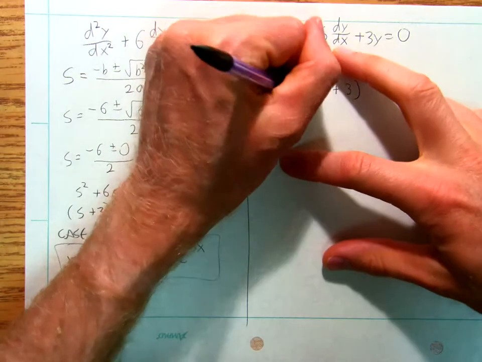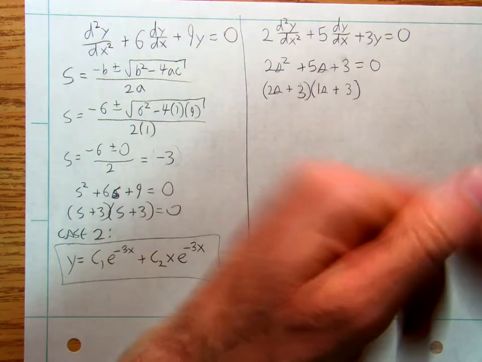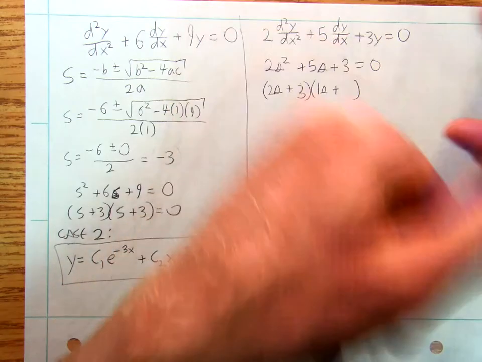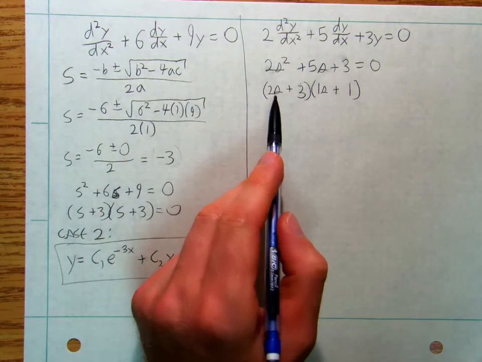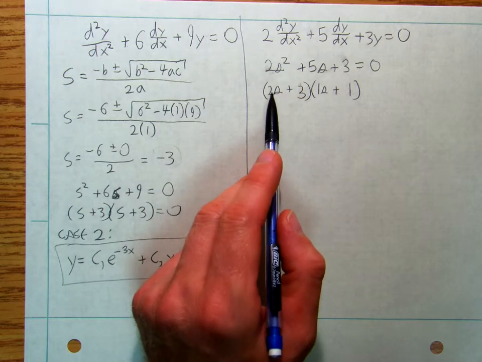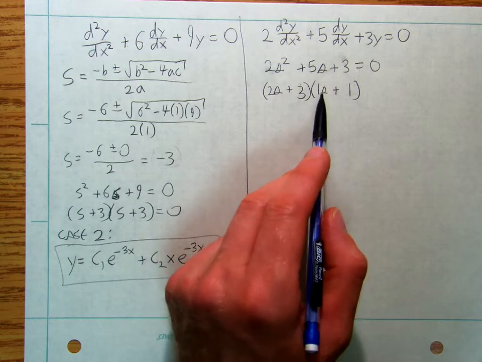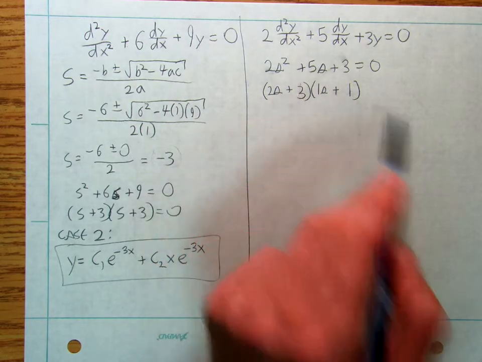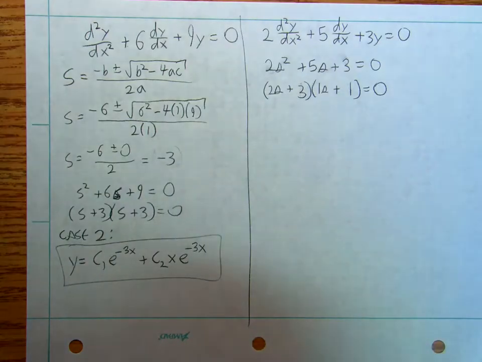How about if we do it this way? Okay, so now I've got my FOIL. So my first is 2s squared, my outside is 2s, my inside is 3s, that makes 5s, 3 and 1, that makes 1. So there, I got it.